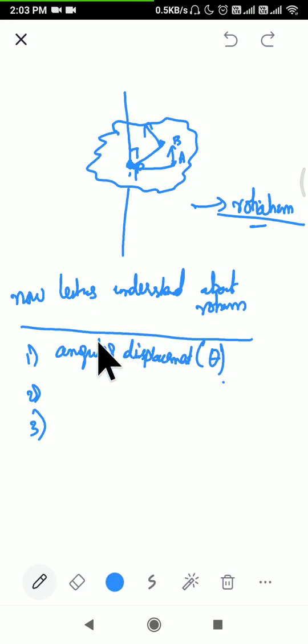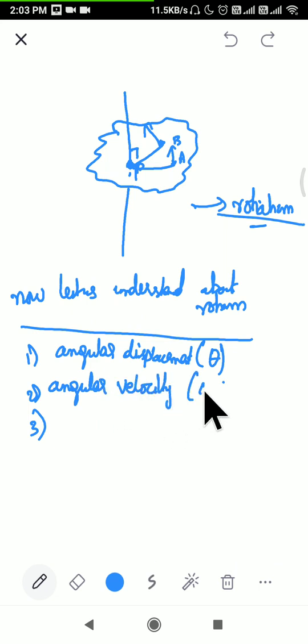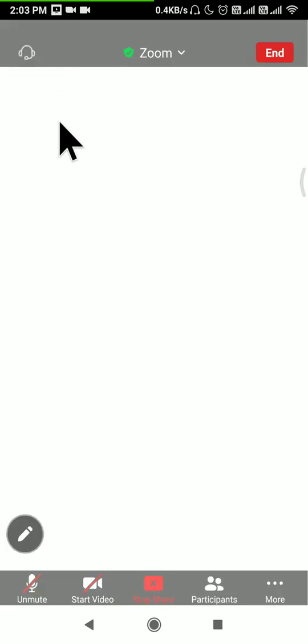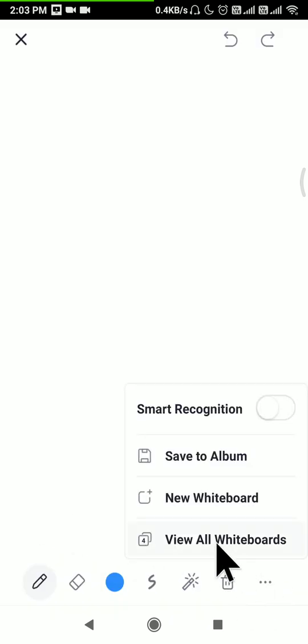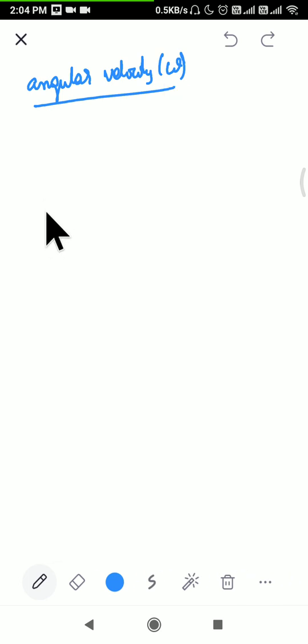The second thing to understand about rotational motion is angular velocity. It is represented with letter omega. Now we will understand what angular velocity is. What is linear velocity?